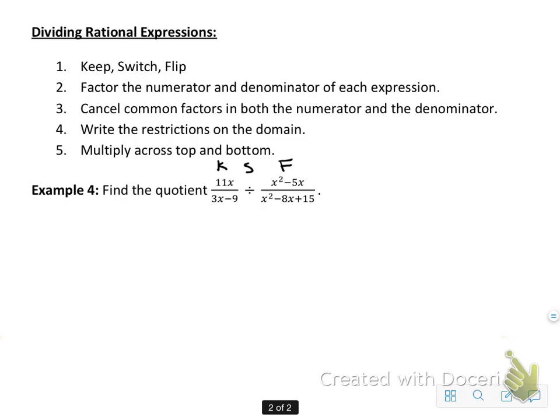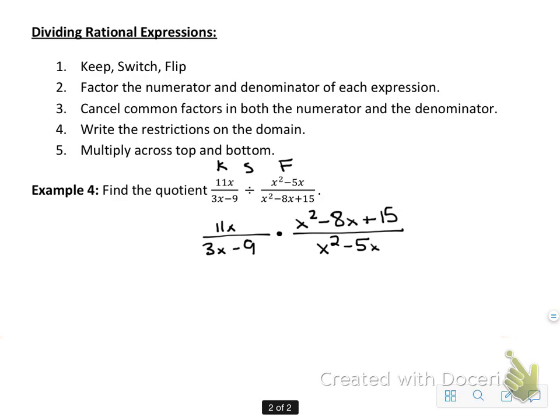Okay? So first we have 11x over 3x minus 9 times, because we switched the division to multiplication, that's the switch, and then we flip the second fraction. And then we just factor like we did before.